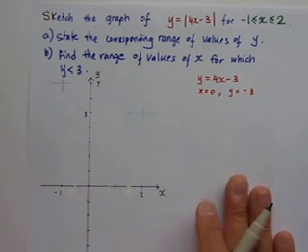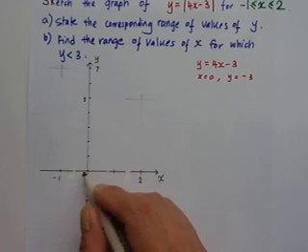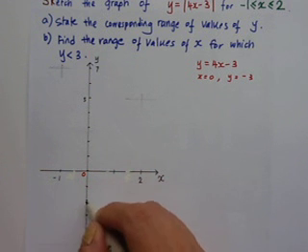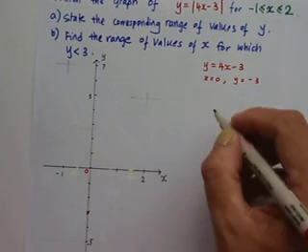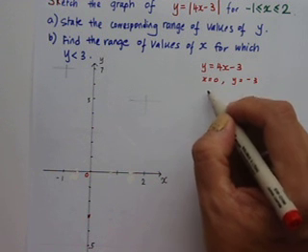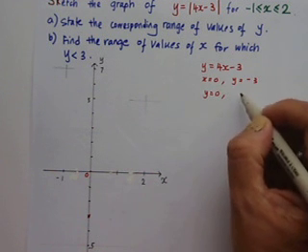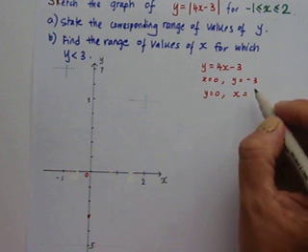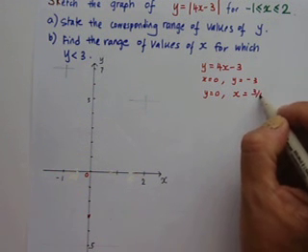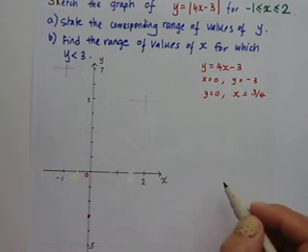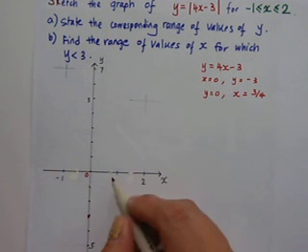So we have one point here, x is 0, y is -3. When y is 0, x is 3/4. When y is 0, x is 3/4.